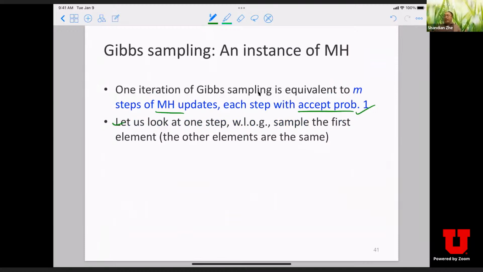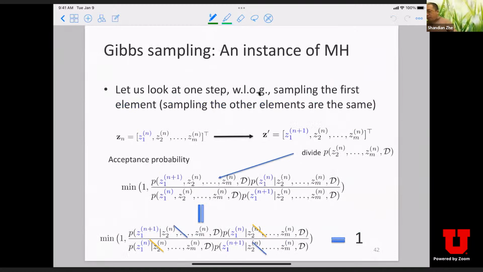So to see that, let us just look at one step. We just consider sampling the first element. The case for the other elements is exactly the same. Suppose this is my current state, Z^n, where we have a sample for every element in Z, which we denote by Z1^n, Z2^n to Zm^n.